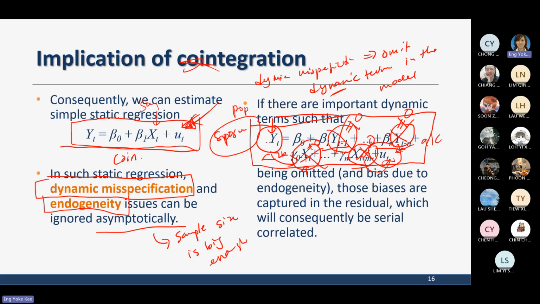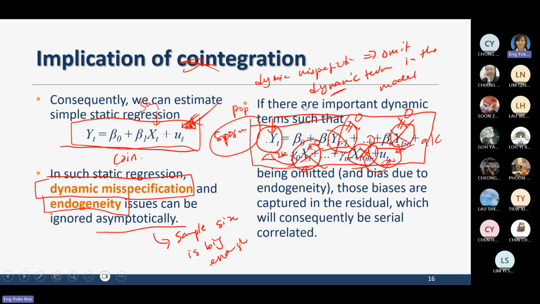You omit an important variable. What important variable is that? The dynamic term. By right, you should add the dynamic term in your model because you are not yet long run. You should include the lag variable inside, but you didn't. So what happened? The impact is absorbed by the residual, and the residual will tend to be correlated. That is what we call dynamic misspecification.